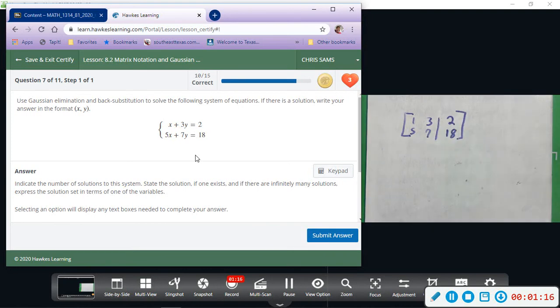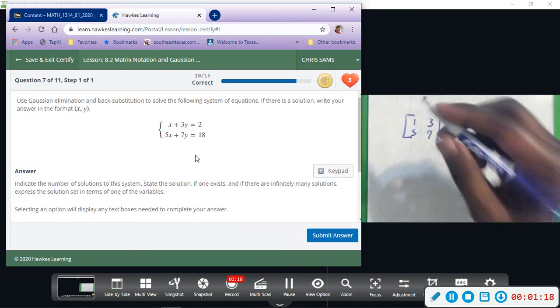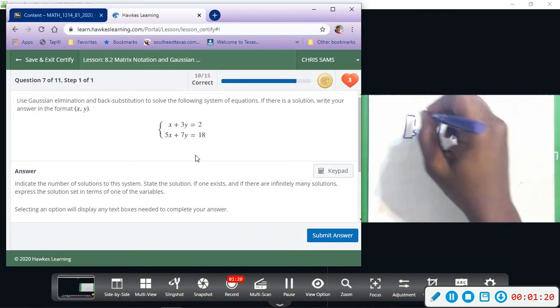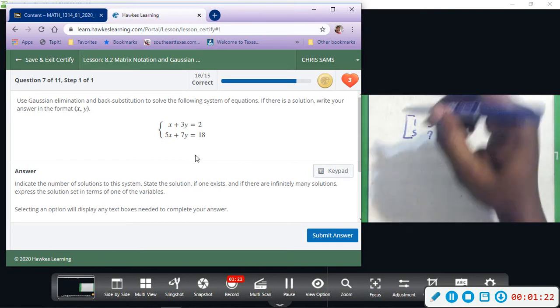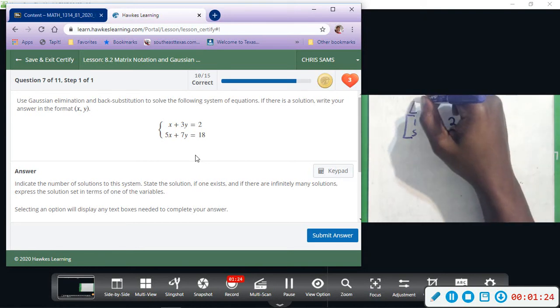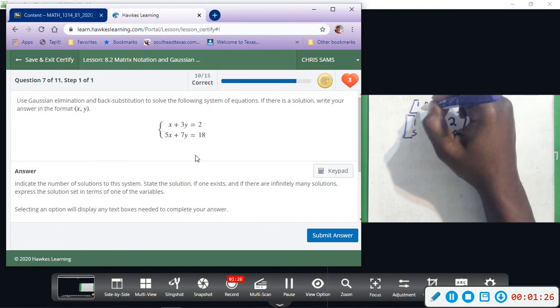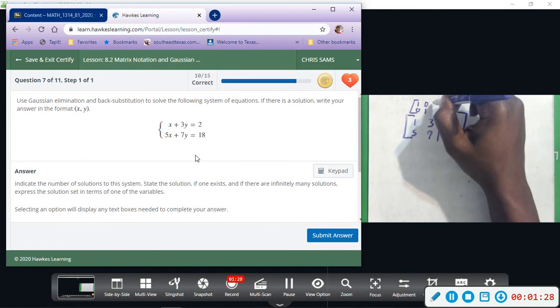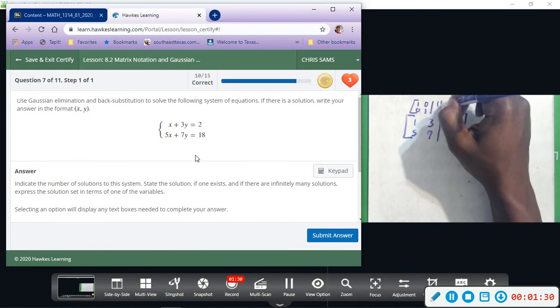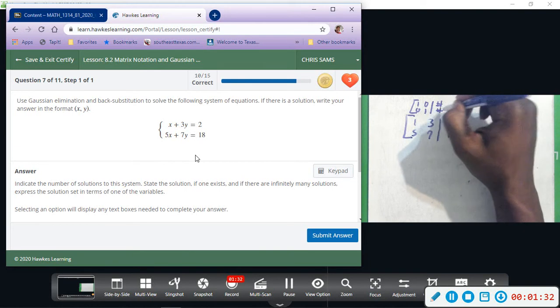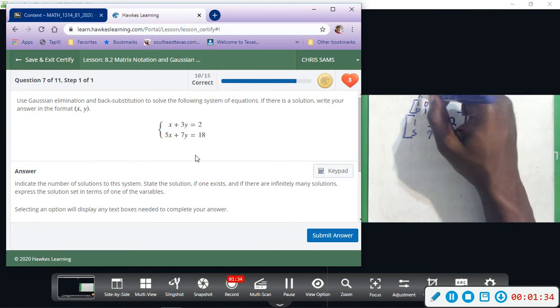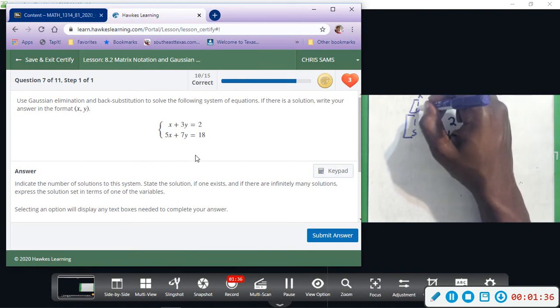Alright, so our goal when we're doing this to solve is to get this box part right here to be in this form. We want a 1, a 0, 0, 1. And whenever we get that, whatever the numbers are here will be our answer. Okay, so notice X was in the first row. So right here we see a 1.